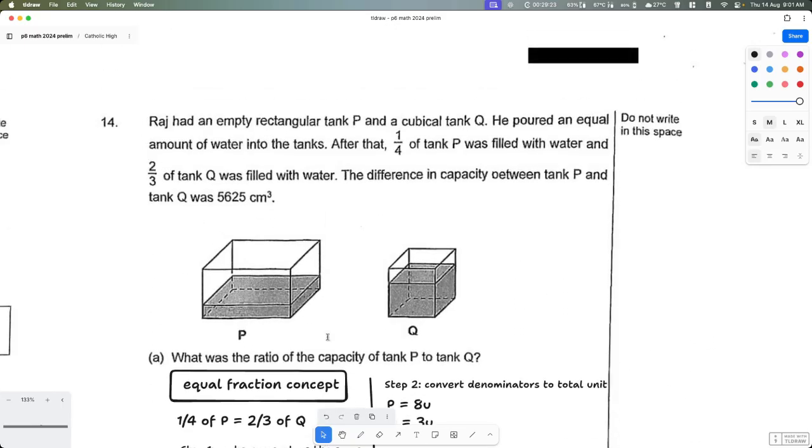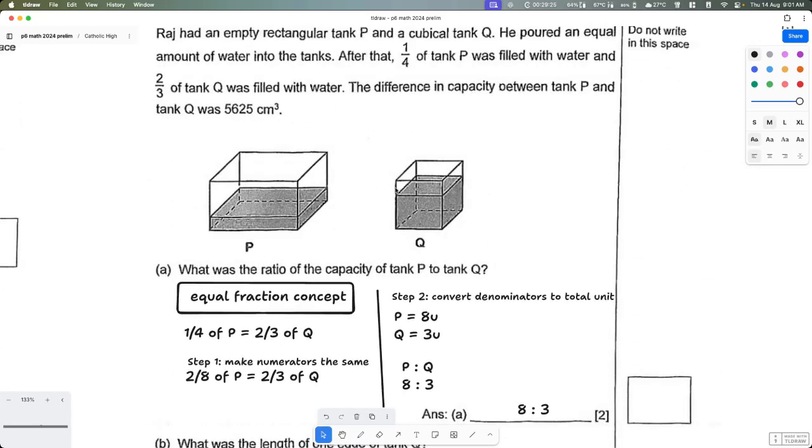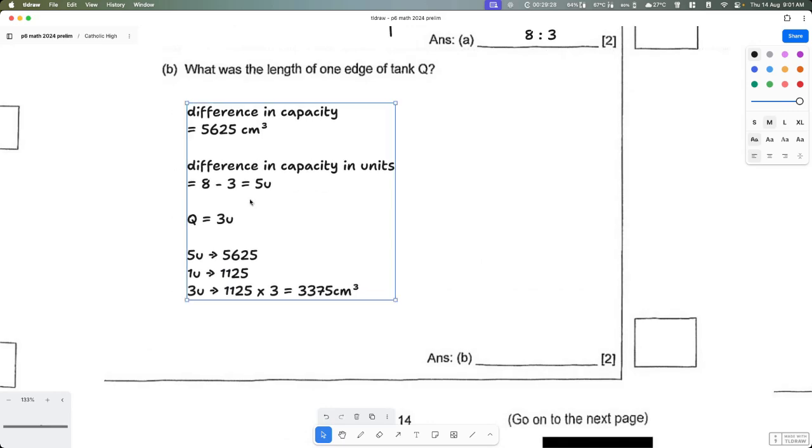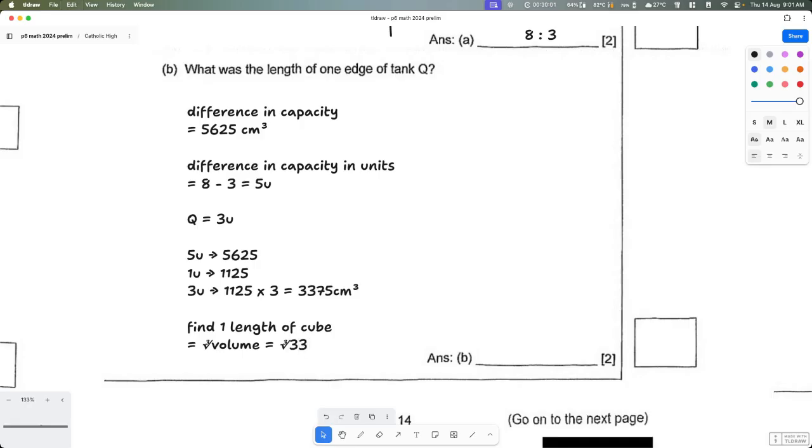Okay, so we're going to use something called the cube root. To find the tank's length, one length of the cube is basically the cube root of the volume, which is equal to the cube root of 3375.